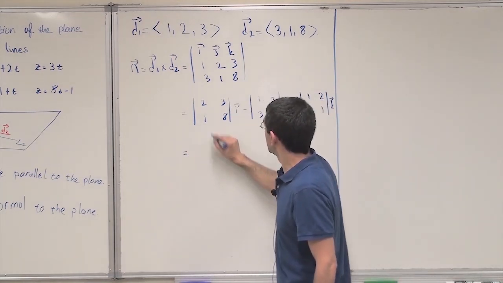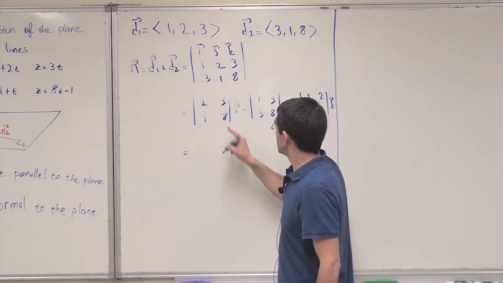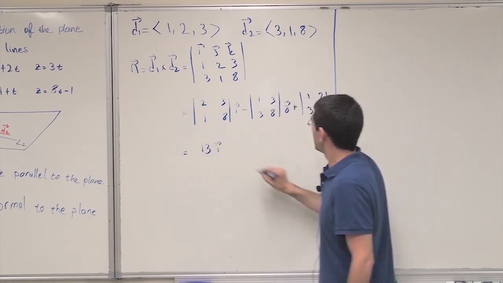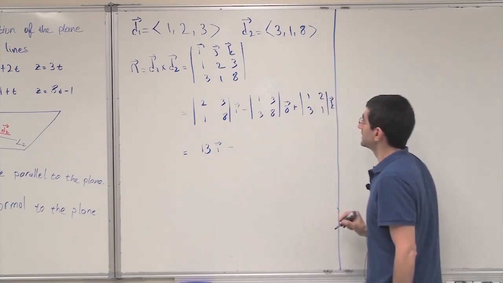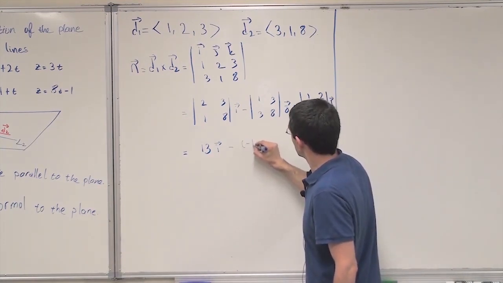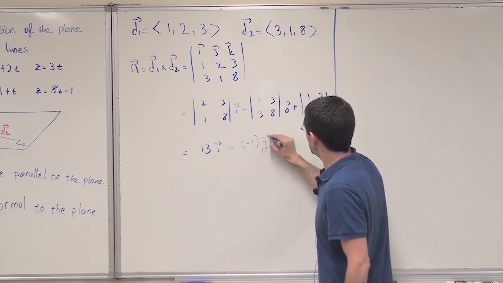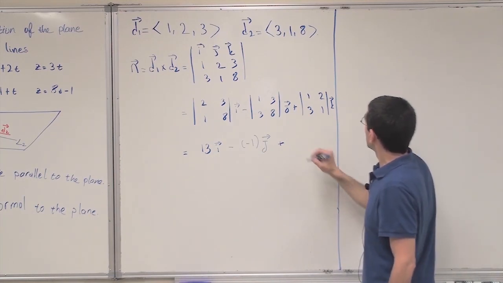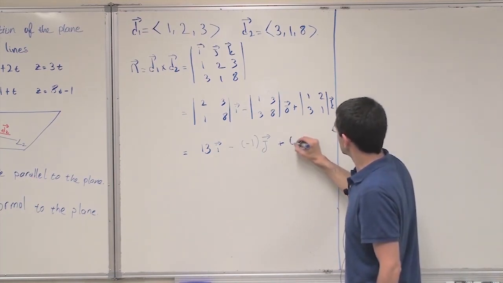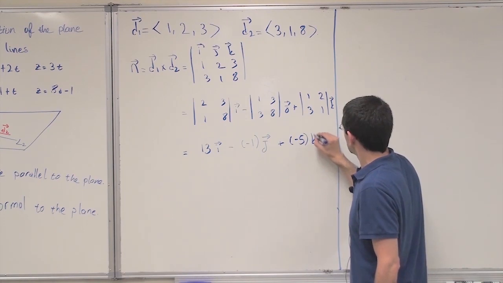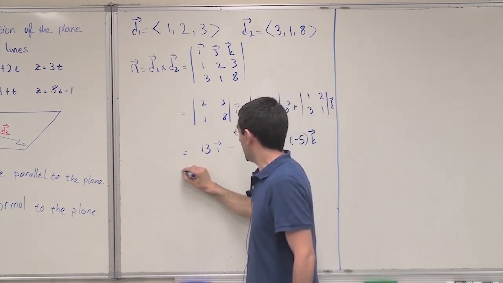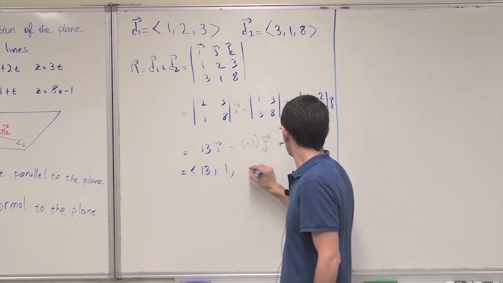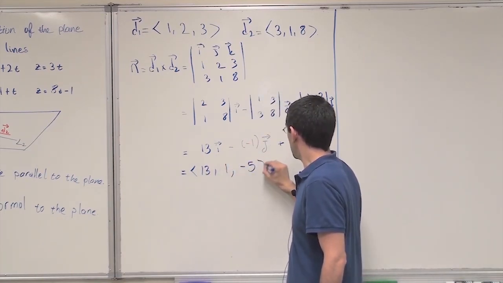Now we get 16 minus 3, so 13i, and then minus 8 minus 9, negative 1 j, and plus 1 minus 6, which is negative 5 k. So our normal vector has components 13, 1, and negative 5.